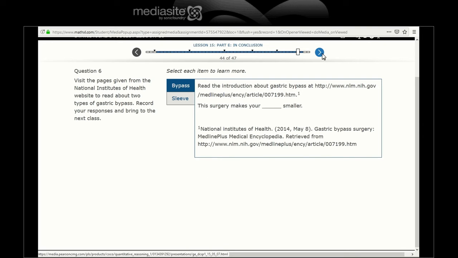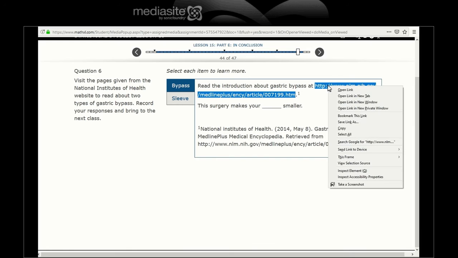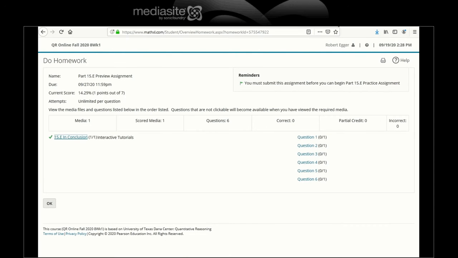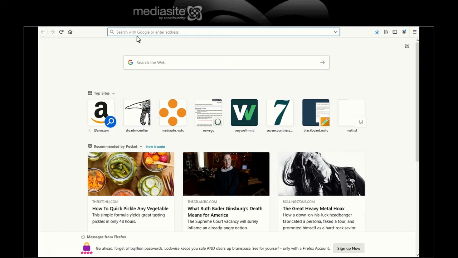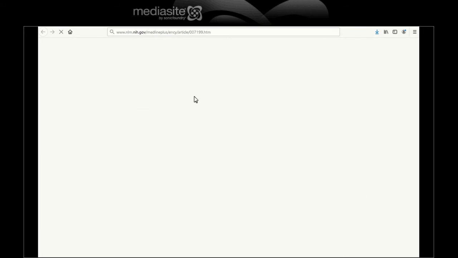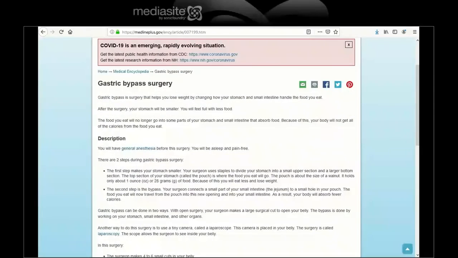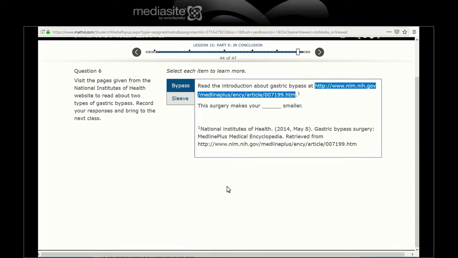Visit the pages given from the National Institutes of Health. Okay, so let's look at these real quick. These are different gastric surgeries. One's a bypass, one's a sleeve. And so let's read this guide real quick. What question is being asked?